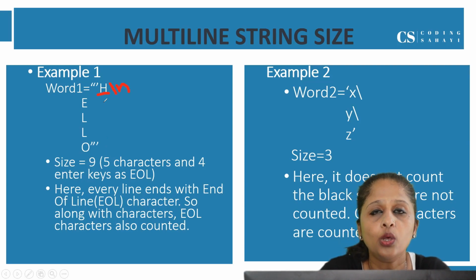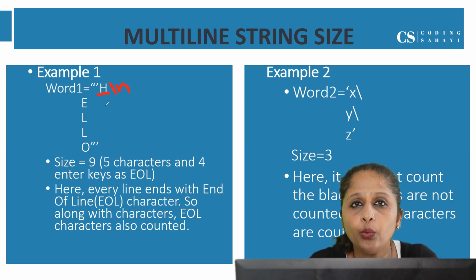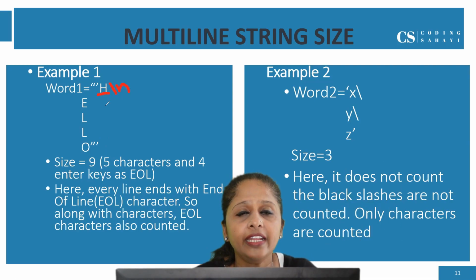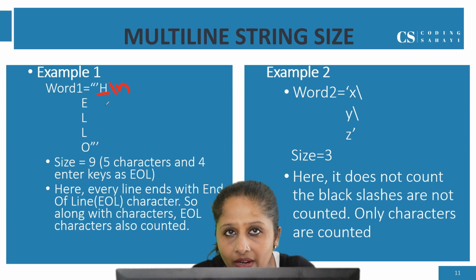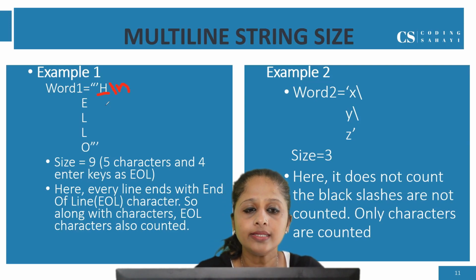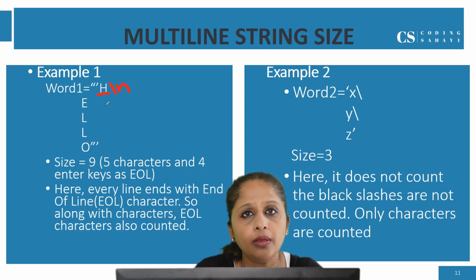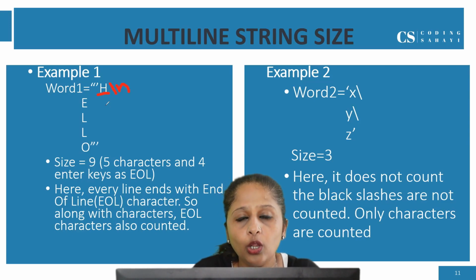So 5 plus 4, total 9. Suppose you get a question to find the size of a string and it is presented between triple quotes, then you have to count the end of line characters also. So in this example hello is 5 plus 4 end of line characters. So total 9 is the size of this particular word.